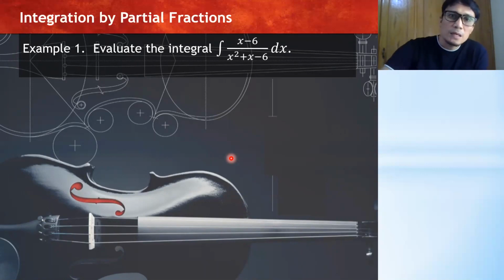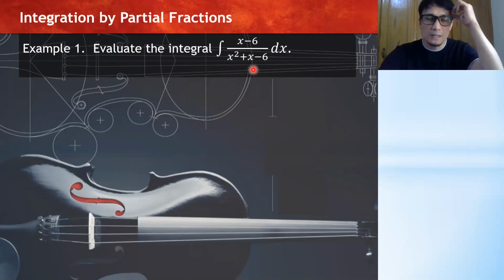Now you will notice that your integrand is of the form where the denominator is factorable, and the factors actually are linear factors. The linear factors are x plus 3 times x minus 2, right? So we have two linear factors here.